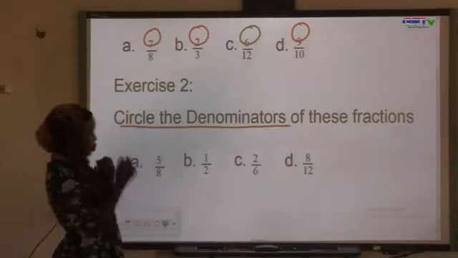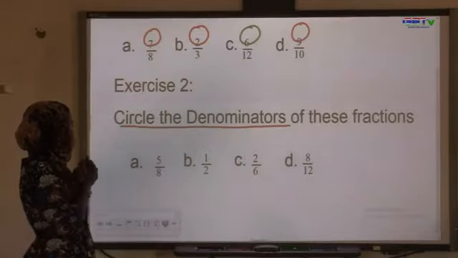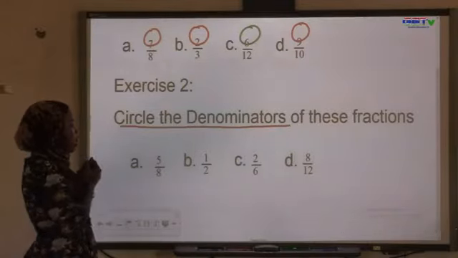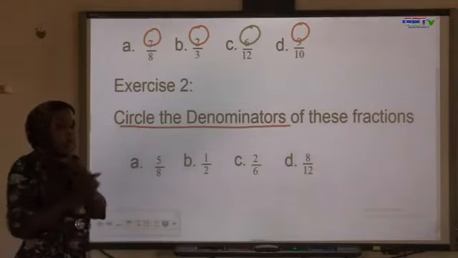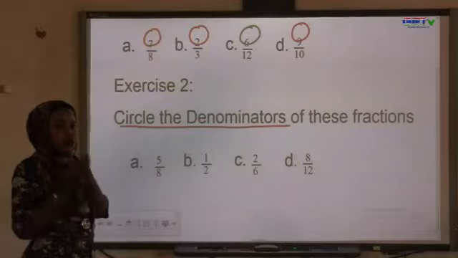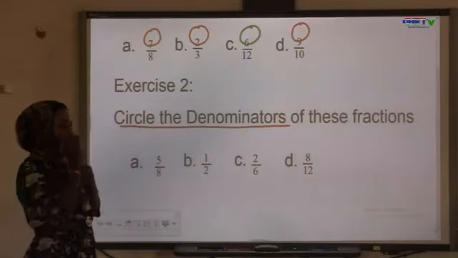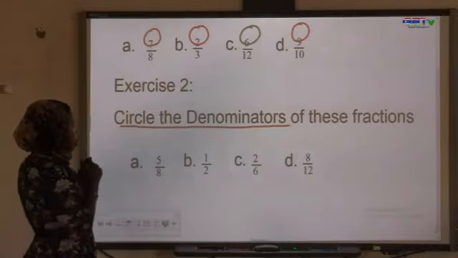Let's carry on. A is 5 over 8. And we have said that the number below the fraction bar is the denominator.